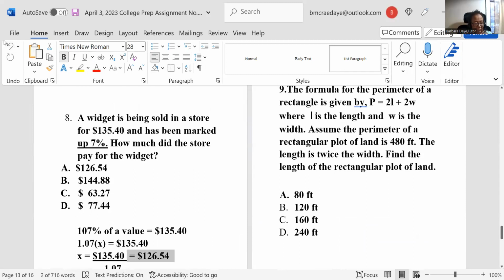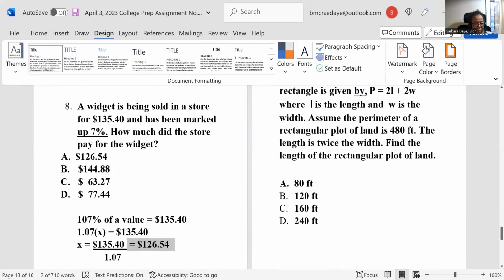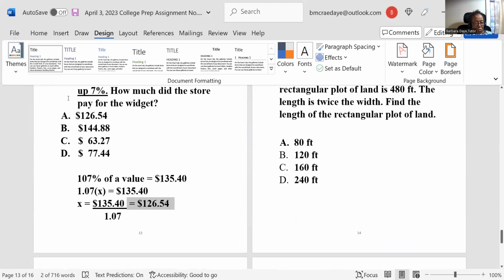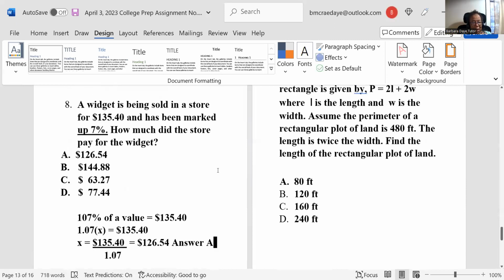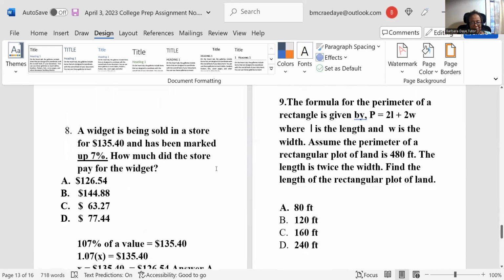There's your answer: answer A. Since it's a markup, you know that your price was smaller than that number and you marked it up. So answer A. Questions on number 8? Okay, now number 9.